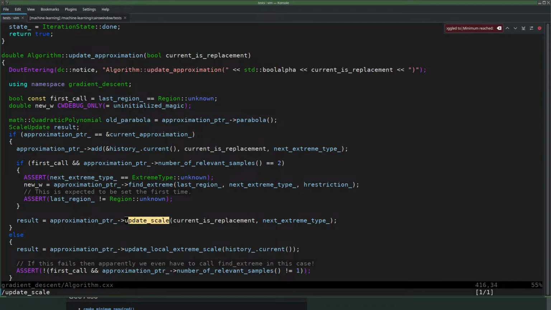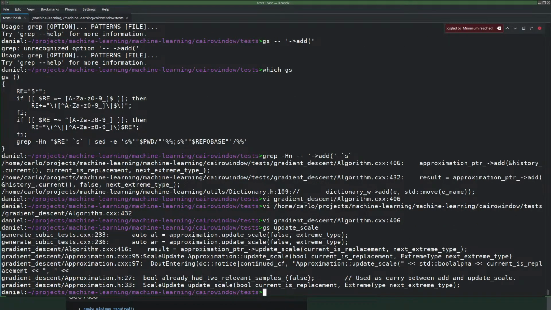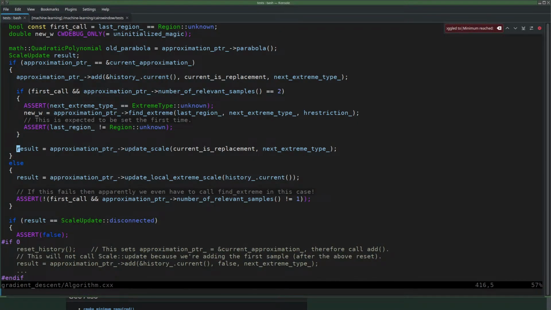Update skill on approximation, GS update skill. That's the only line. Great. That's a sign of good programming. Certain stuff only happens in a single place.